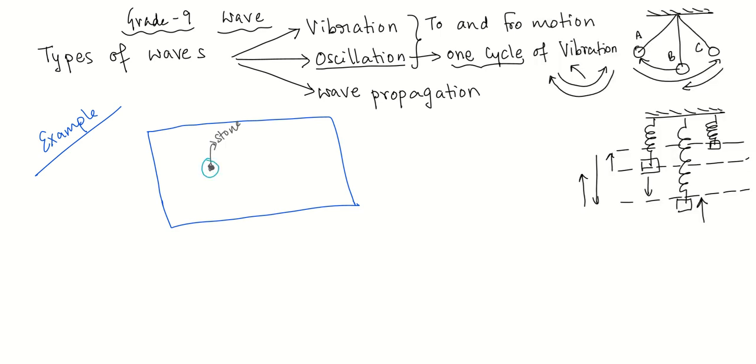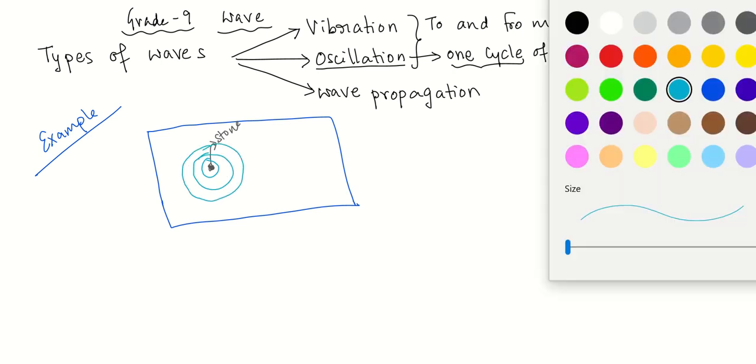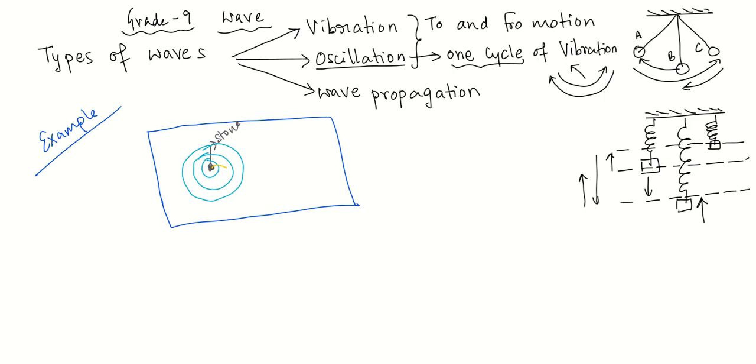So I can see these circle structures like this, and I can see that the wave is traveling like this, in all directions. Okay, in every direction it goes, the water, and these are known as your ripples. So when you drop the stone, the ripples are created and the wave travels.